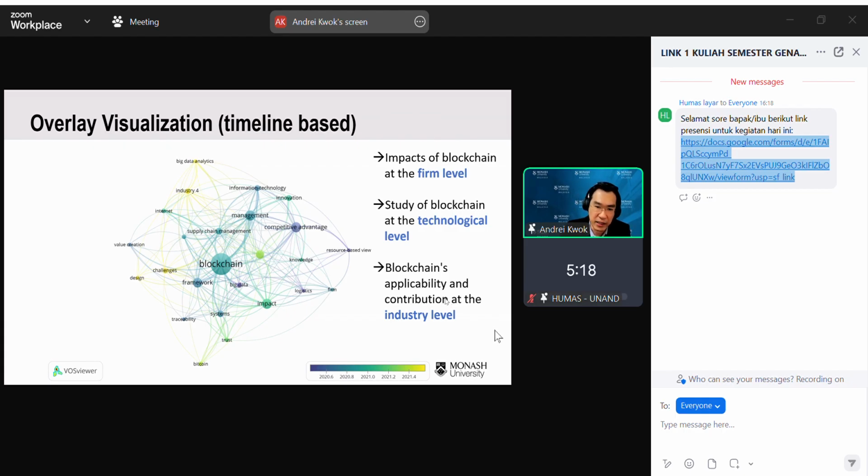What are the characteristics? How can it improve the firm's competitiveness and so on? Then, as the understanding of the research grows, we find that more recent articles start to look into the application and the contribution at the industry level. So these are the 3 themes.